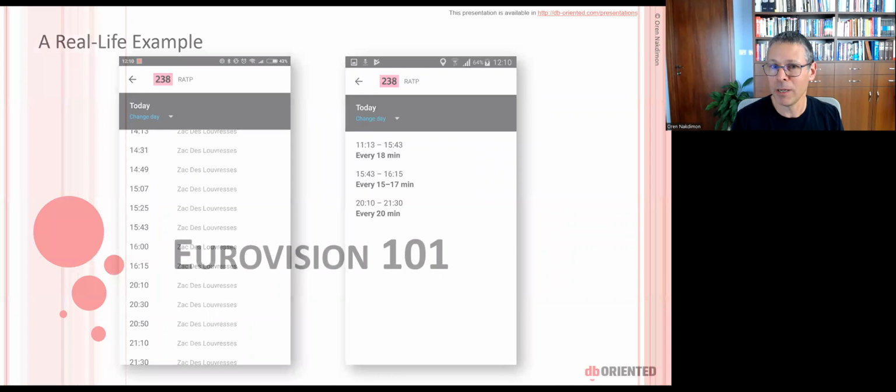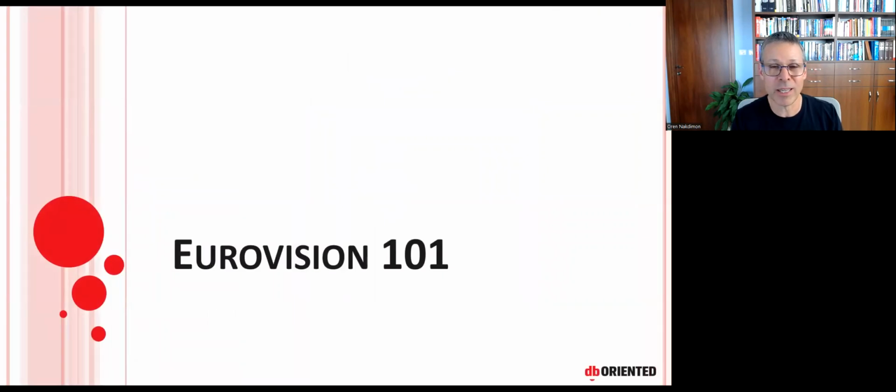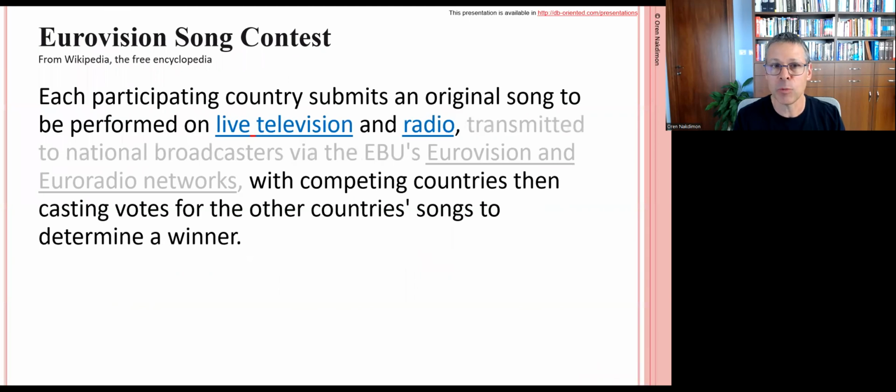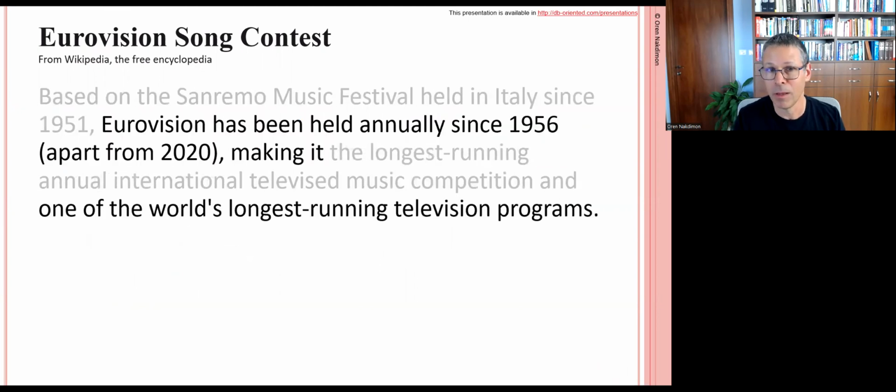If you are not familiar with the Eurovision Song Contest, here are a few slides of introduction. The Eurovision Song Contest is an international songwriting competition featuring participants representing primarily European countries. Each participating country submits an original song to be performed on live television and radio, with competing countries then casting votes for the other countries' songs to determine a winner.